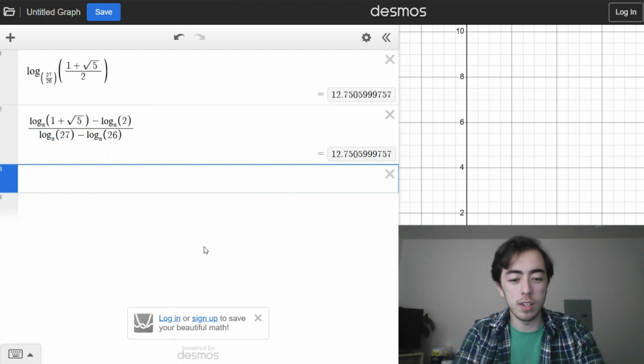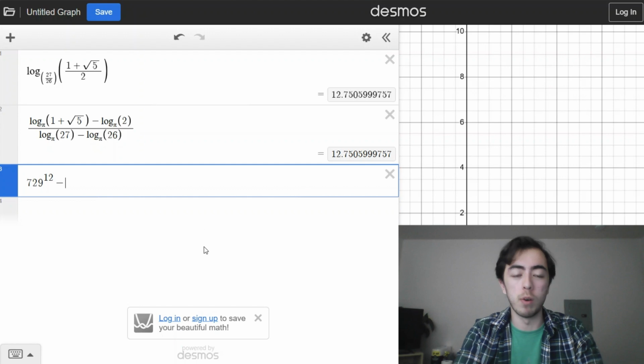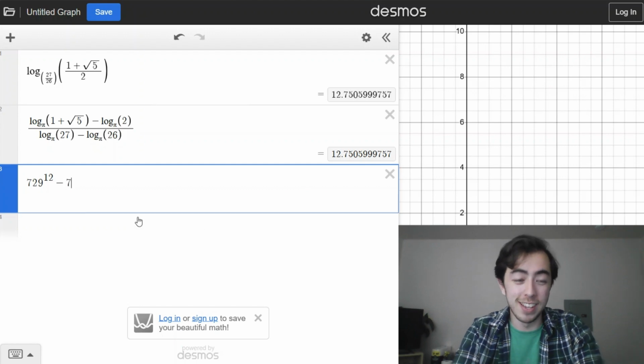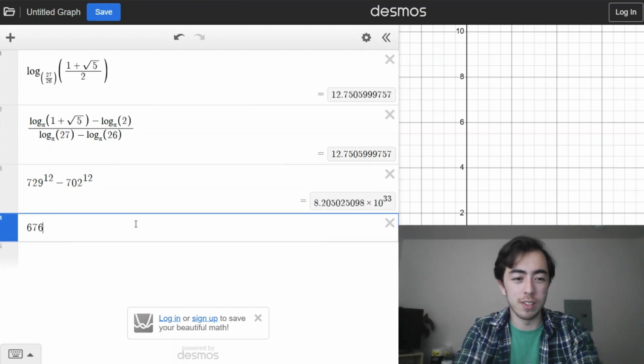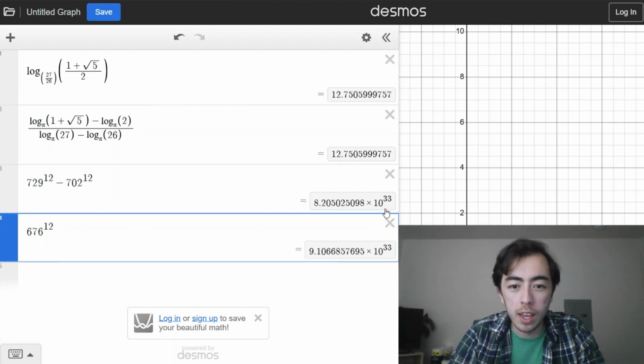Just because I'm curious, I also want to know what 729 to the power of 12, okay, gosh, that's so big, minus 702 to the power of 12 is. And then I want to compare that to 676 to the power of 12. They have relatively the same size because I'm looking at this 10 to the power of 33.